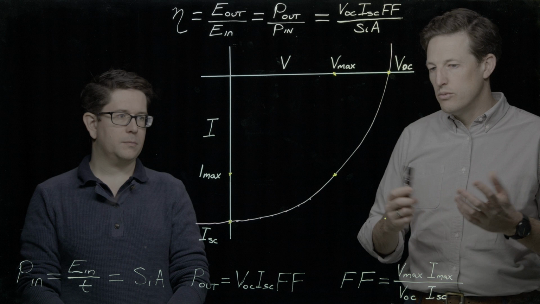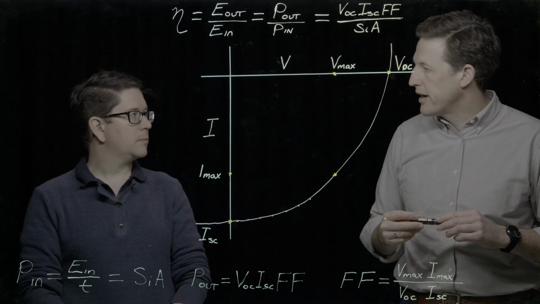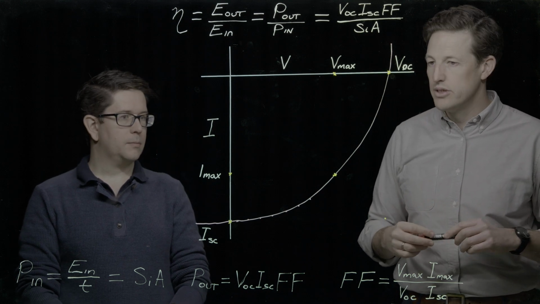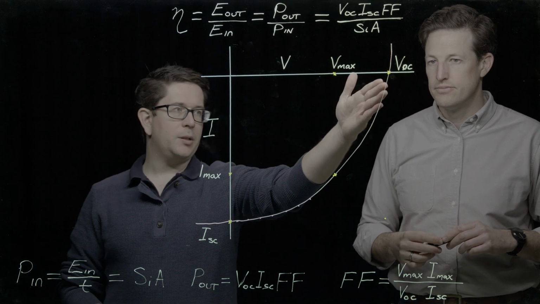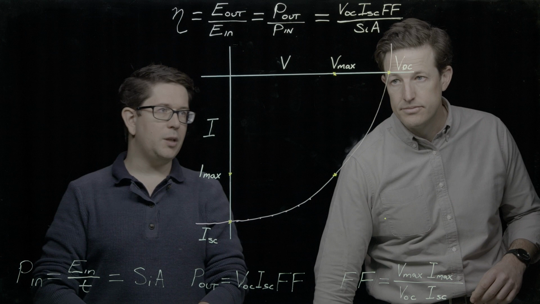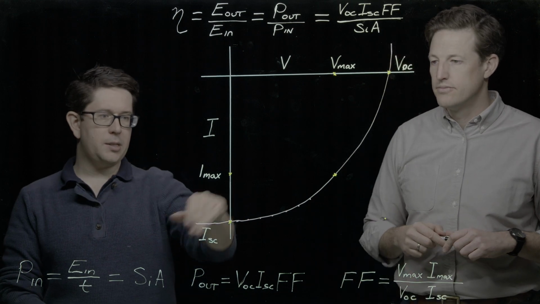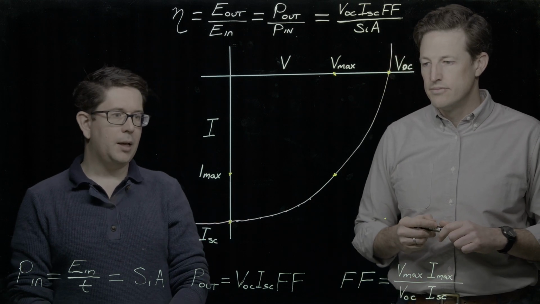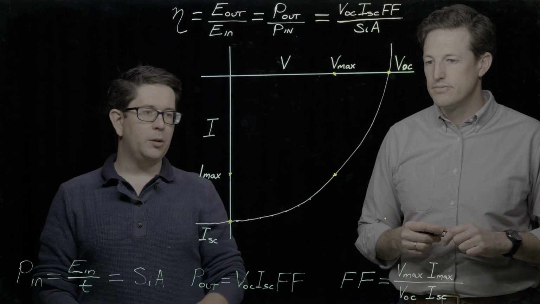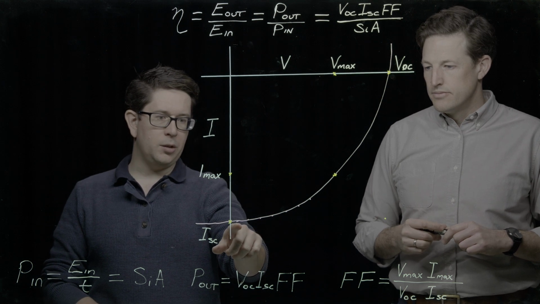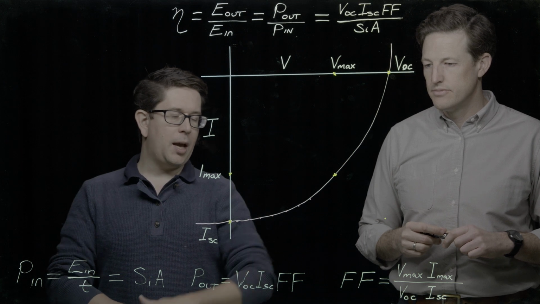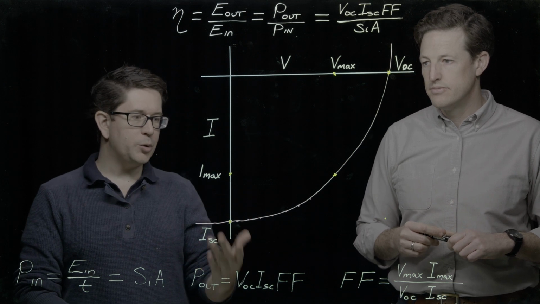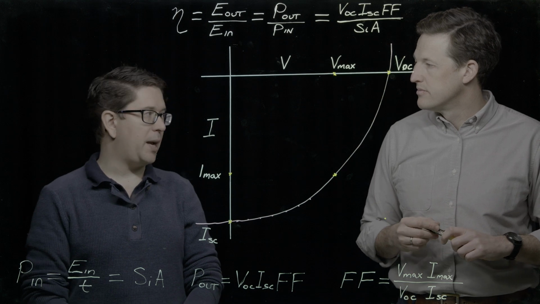So where would we find the maximum power out of the solar cell, Nick? Yeah, so the maximum power is typically going to fall at less than VOC and less than ISC. We look at the multiplication of current and voltage for each of these points, and we find the multiplication that has the highest magnitude.